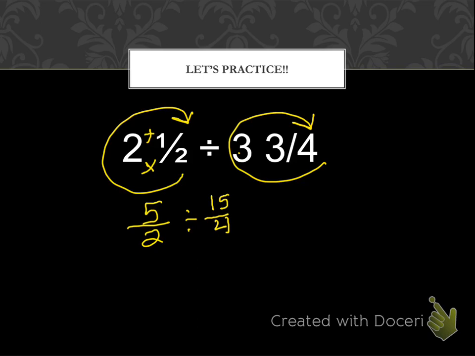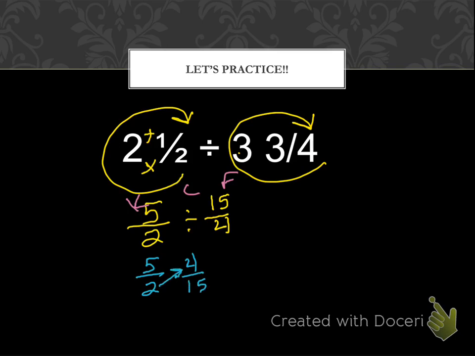Now I'm going to do my keep, change, flip. And keep 5 halves the same. Change division to multiplication. And flip my divisor. So this is 4 over 15.